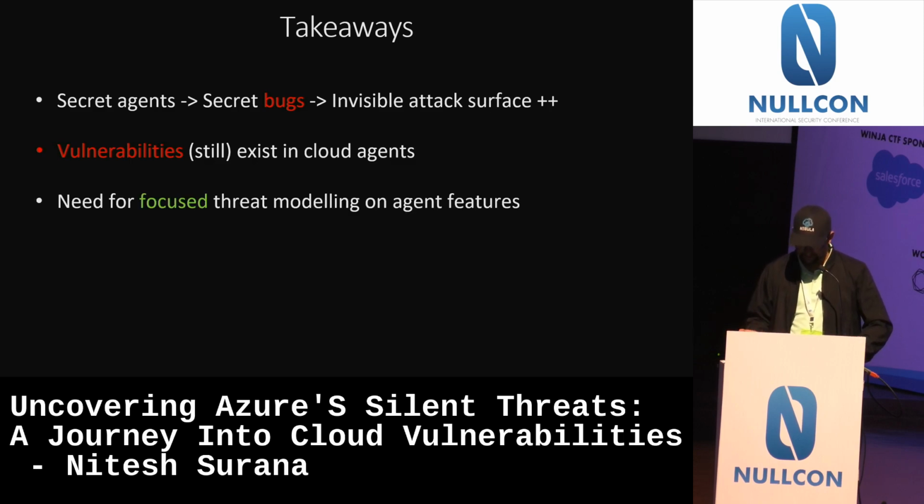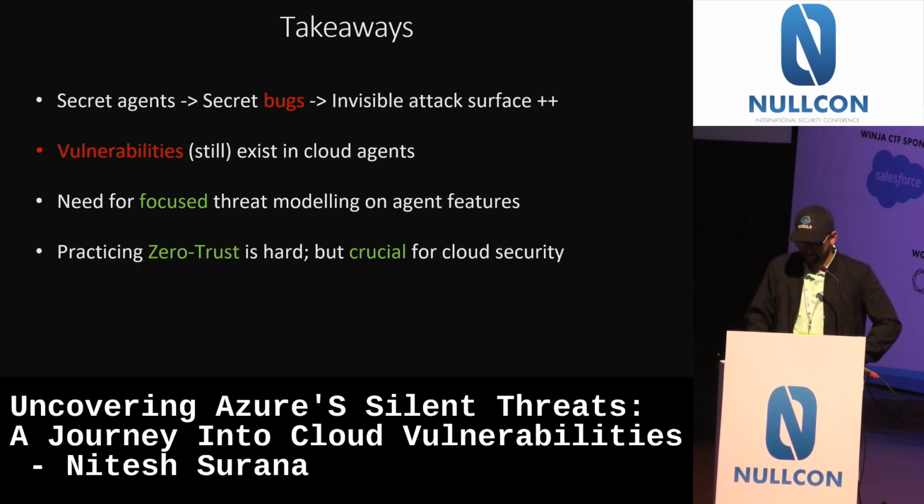So vulnerabilities still exist in cloud agents, and there is a focused need for threat modeling on the features, like I said. Zero trust is hard and it's very crucial for cloud security. Do not assume that just because something is already there in your environment that it should have access to other resources in your environment.